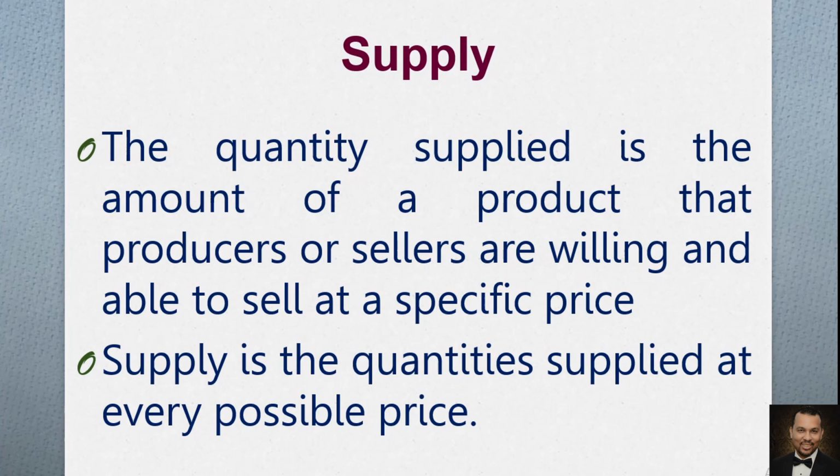It's very important to assess two conditions: willingness to sell plus ability to sell. So supply is the quantities supplied at every possible price, but it's very important to remember that when we talk about supply, we mention producer or seller.